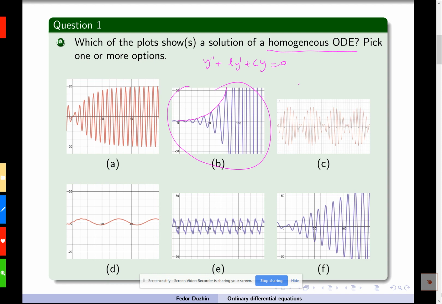By the way, it means that here b squared minus 4c is negative, the discriminant is negative, and b is also negative. If b is positive, then oscillations would be decreasing. Right? So compare to plot F. In plot F, the magnitude of oscillations is increasing linearly, and in plot A, it is increasing but then stabilizes. So it is something different.